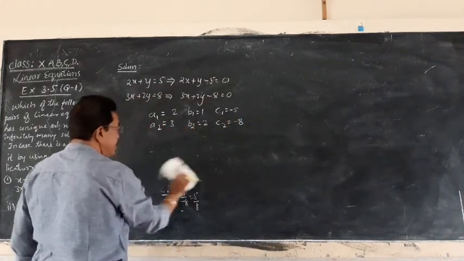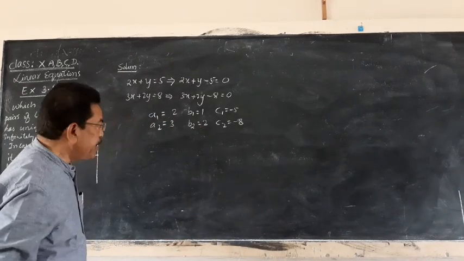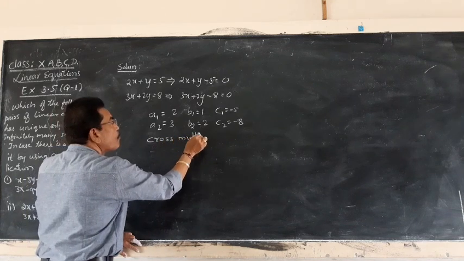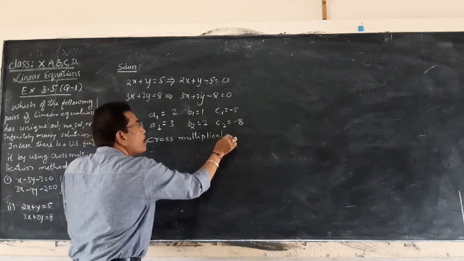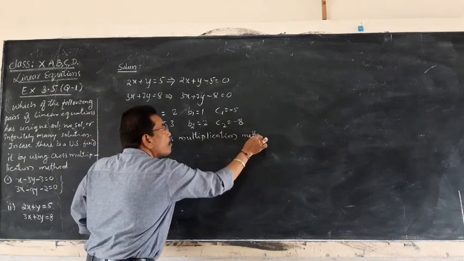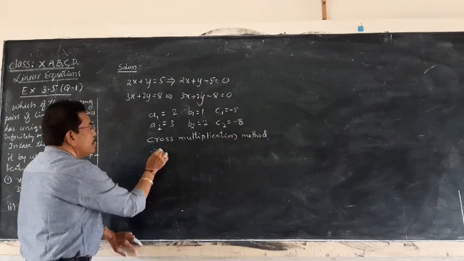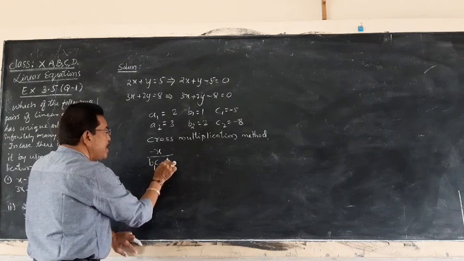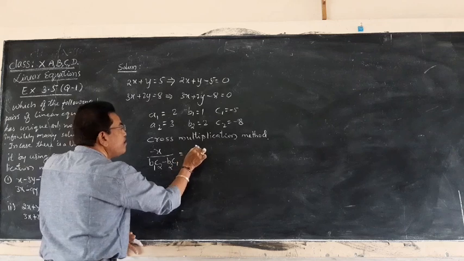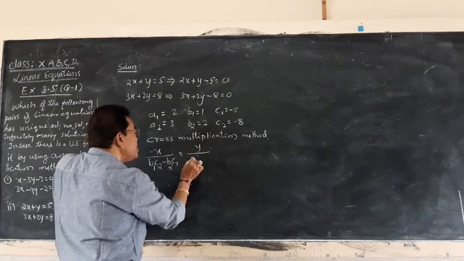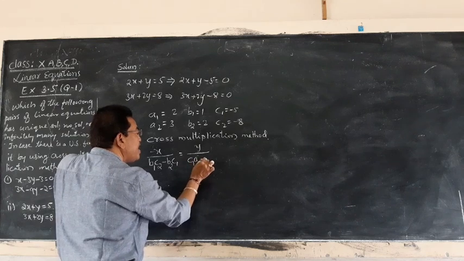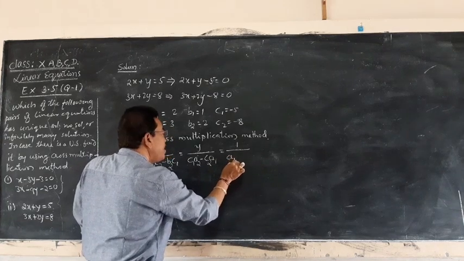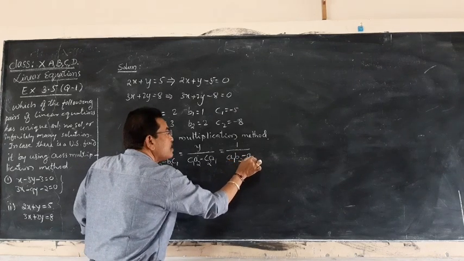The cross multiplication method: x by b1 c2 minus b2 c1, equals y by c1 a2 minus c2 a1, equals 1 by a1 b2 minus a2 b1.